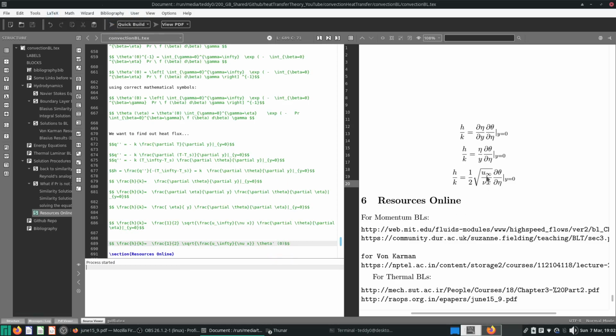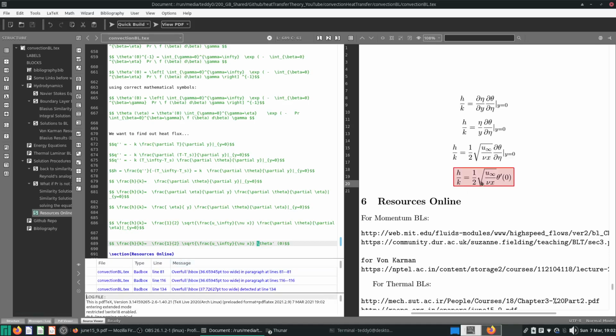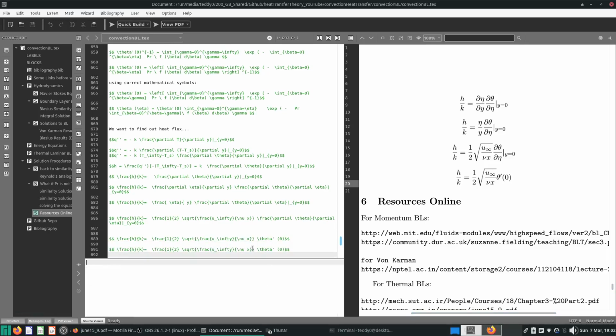So what is this over here? This is actually the square root of Reynolds number over x. We multiply the top and bottom by x, and then we just bring the x out. We should be able to get a Nusselt number.